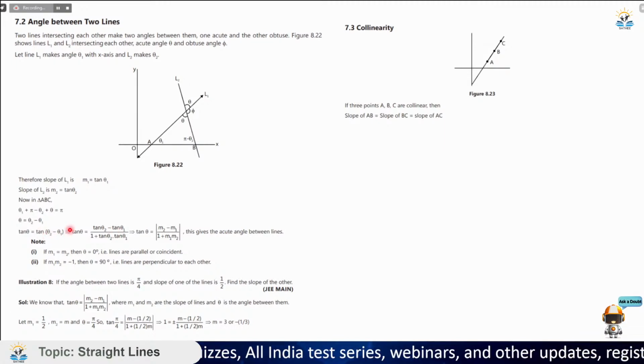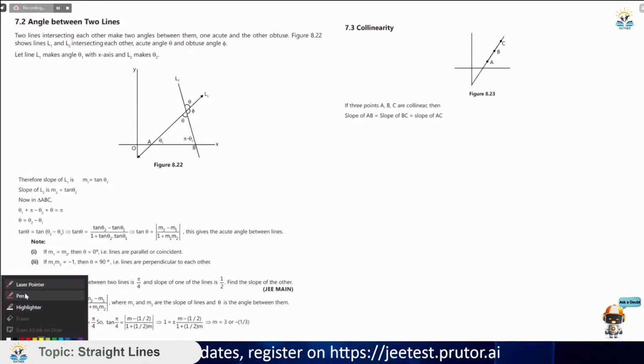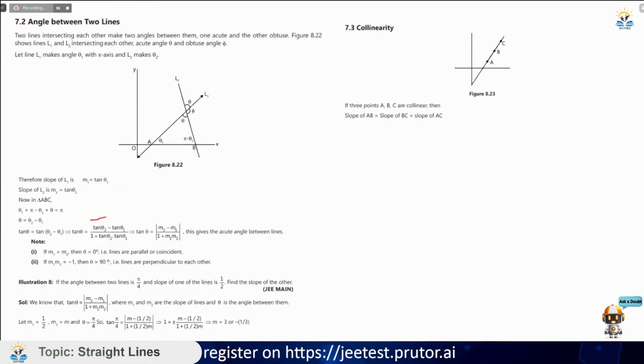If we expand, tan a minus b is tan a minus tan b upon 1 plus tan a tan b. Very easy. If you remember trigonometry formulas, this is very easy to remember.